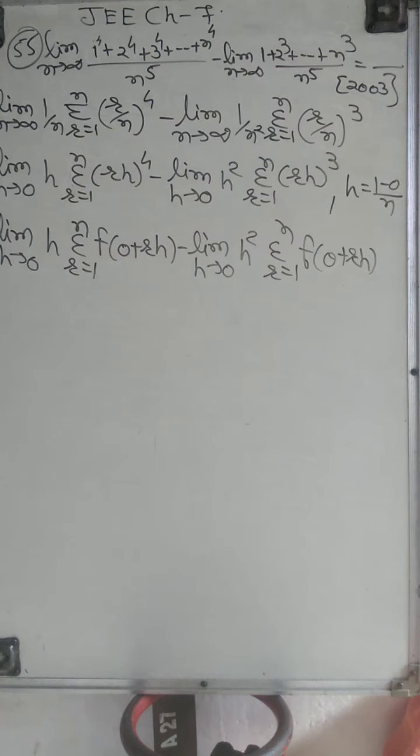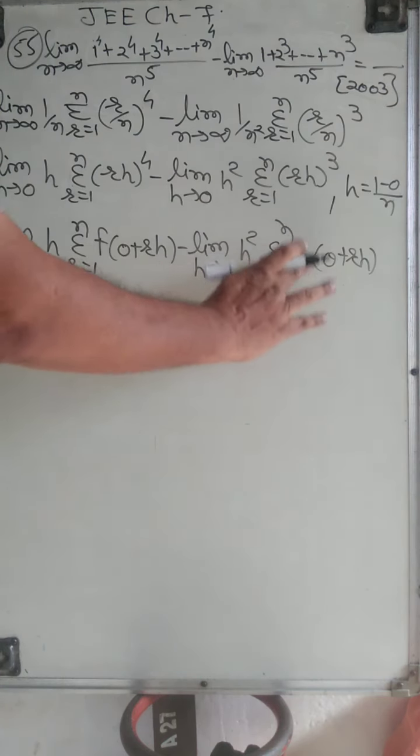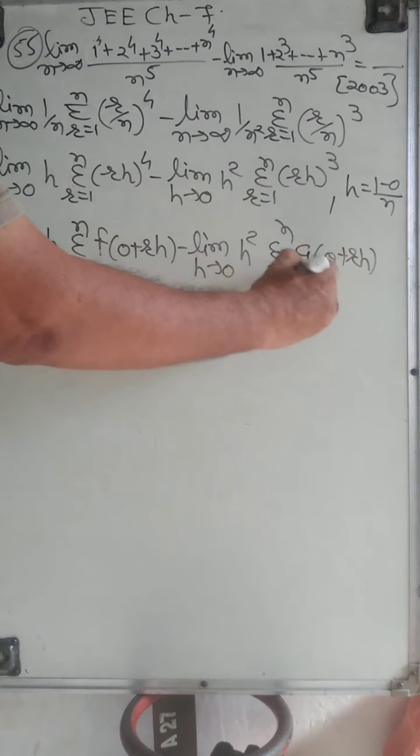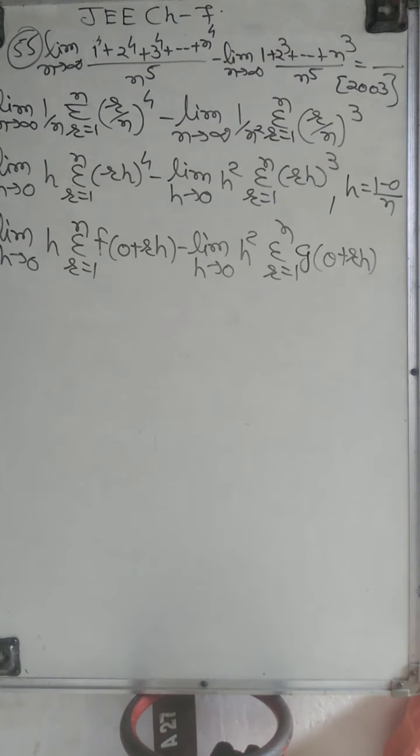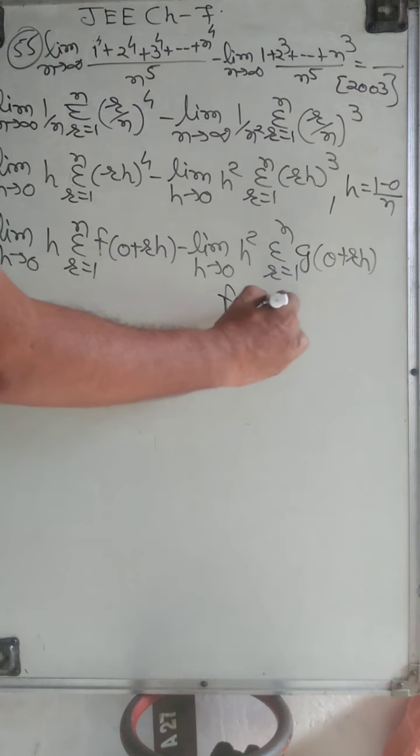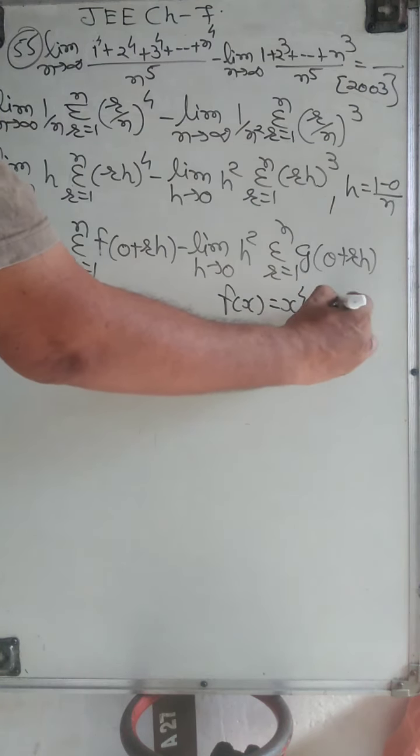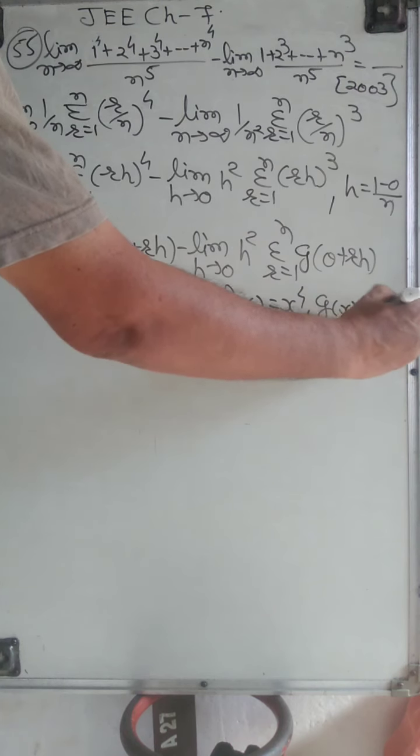Here we just change the function, this is g. So f(x) is equal to x raised to 4 and g(x) is x cube.